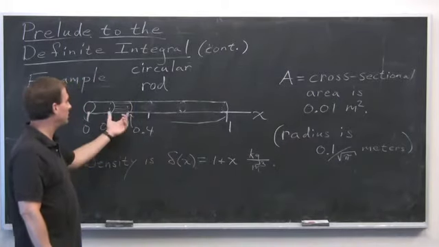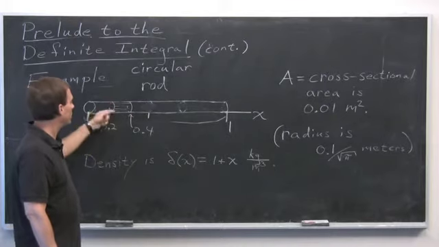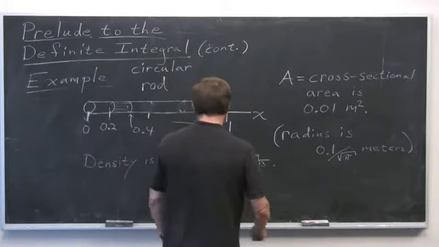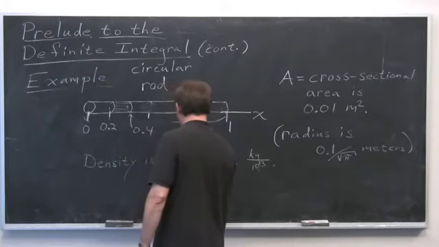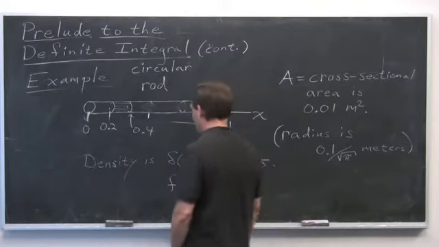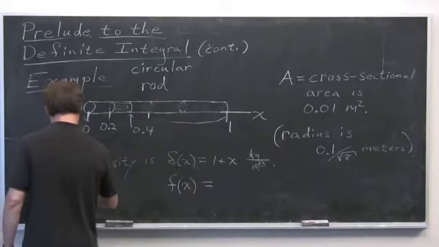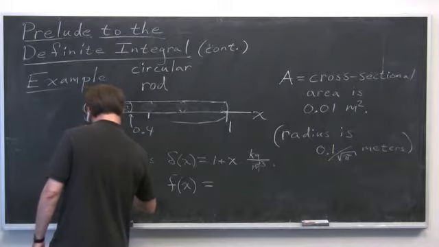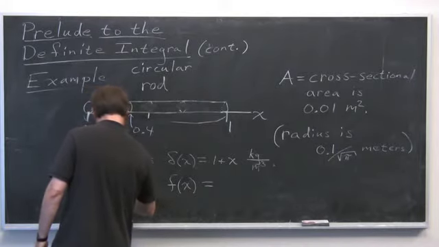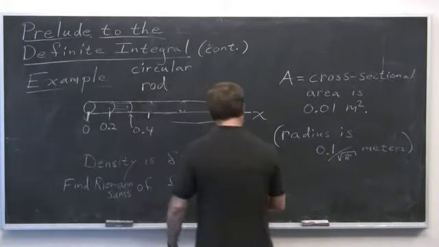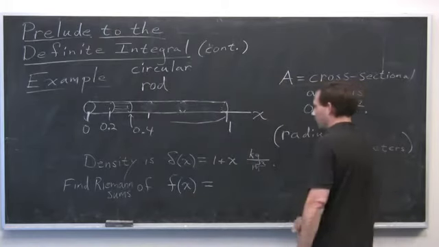But in the Riemann sum, you only multiply times the lengths, and we need to get the cross-sectional area in there. That means that the function we actually find the Riemann sum of, f of x, will be the density times the cross-sectional area.